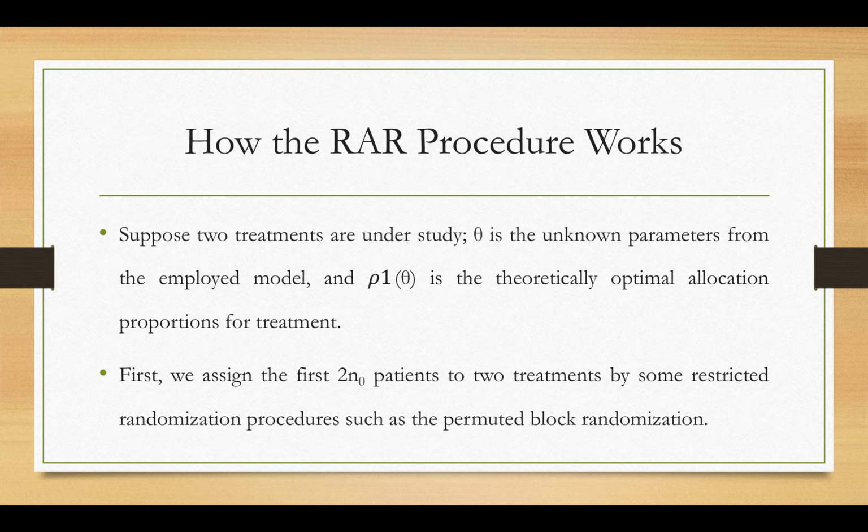First, we assign the first 2 times N0 patients to the 2 treatments by some restricted randomization procedure. We can use permuted block randomization, for example.